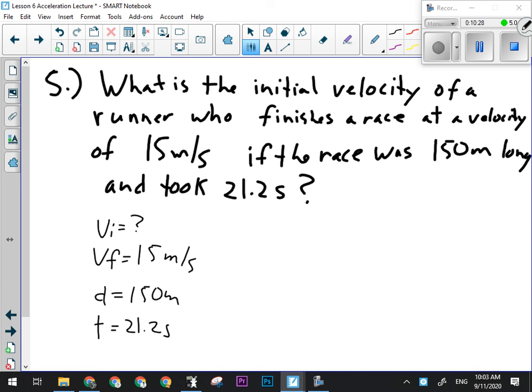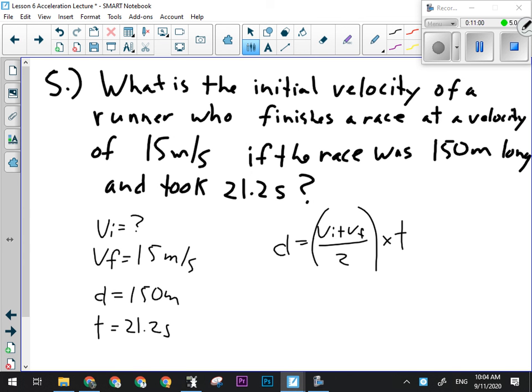So it's an accelerating object, but I'm not given acceleration. What's my only acceleration formula that doesn't contain acceleration? What should I have said in this question? Right. So I told you anytime you use this formula, the question will probably say the object is accelerating uniformly.